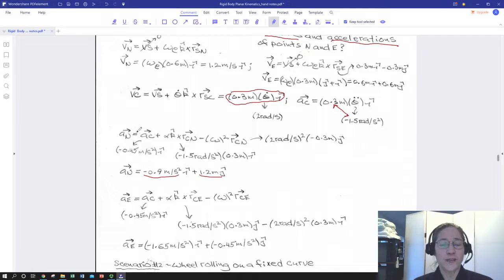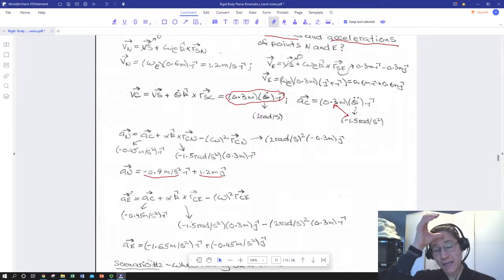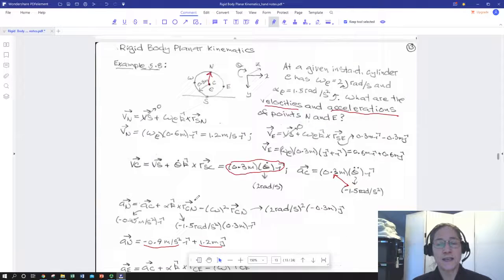Okay, well, if we followed this procedure for N, we can follow it for any other point on the rigid body. Let's apply that relationship to get point E. So we'll follow the same procedure. We'll add the acceleration of a point for which we know the acceleration. We'll use the center point again. Alpha in the k-hat direction, which we know, crossed into r_CE.